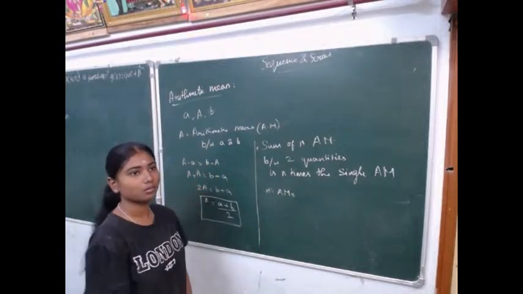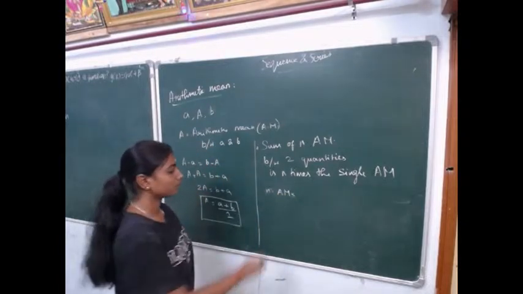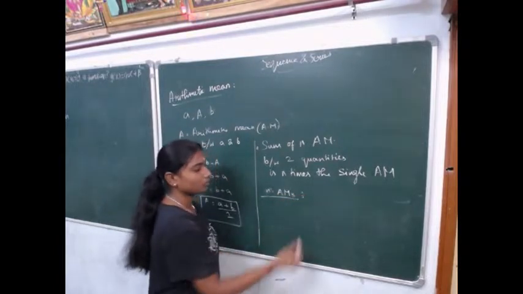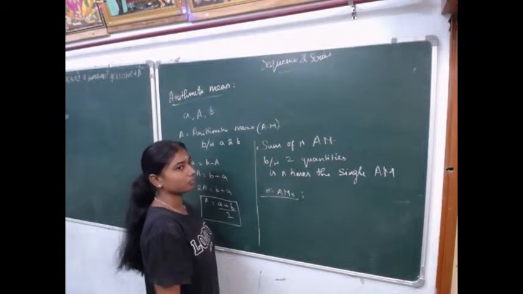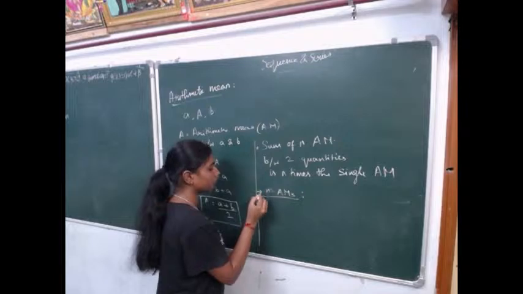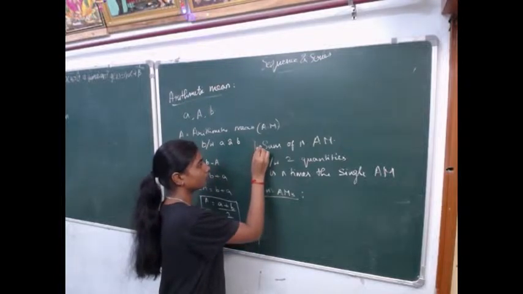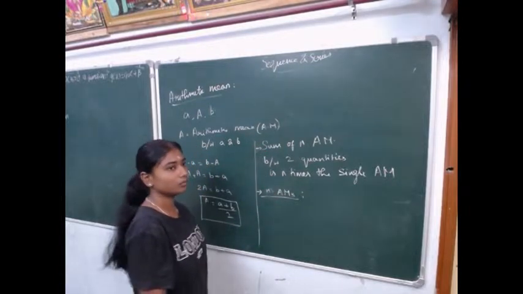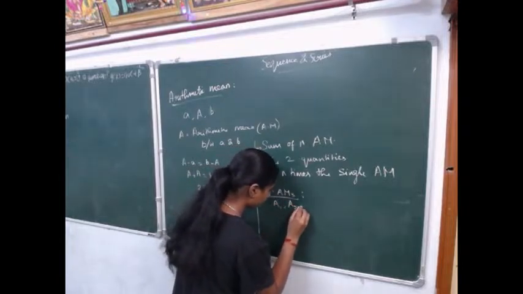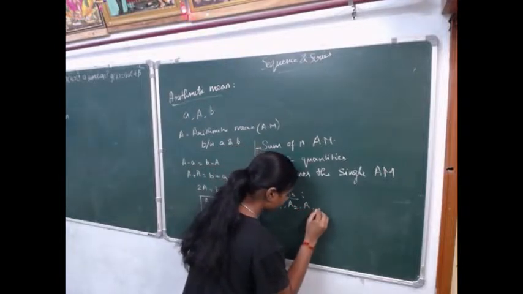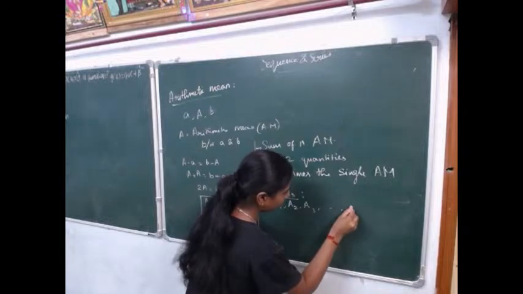Let us represent this arithmetic mean A. So we are going to talk about n arithmetic means, that is A1, A2, A3, etc., then An. So you can represent this by n times of AM.